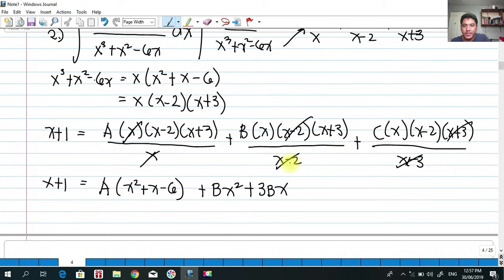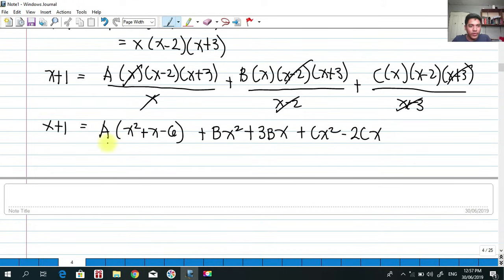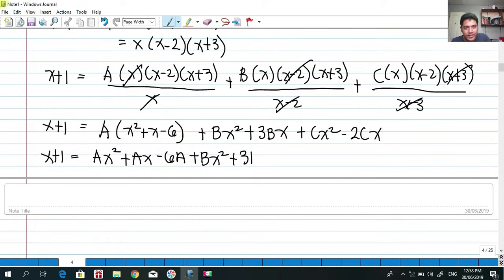Plus we have cx squared, c times x is cx times x, minus 2cx. Still, we have to distribute this: ax squared plus ax minus 6a plus bx squared plus 3bx. Copy the whole terms, plus cx squared minus 2cx.